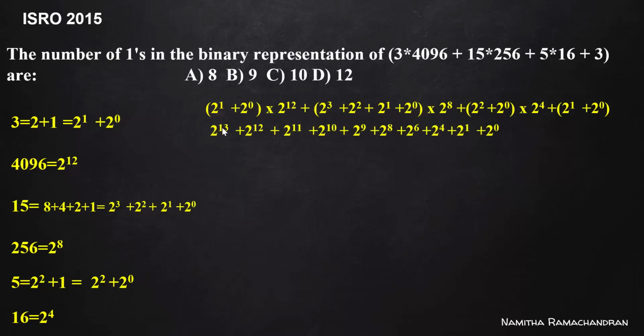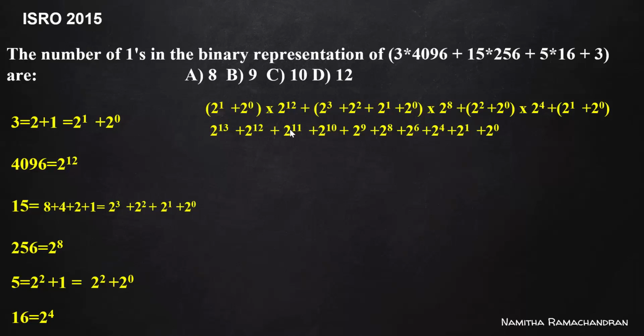Now we get 2 to the power 13 plus 2 to the power 12 plus, while multiplying this with all these terms present inside the bracket, we get 2 to the power 11 plus 2 to the power 10 plus 2 to the power 9 plus 2 to the power 8. Similarly, while multiplying this with these two terms present in this bracket, we get 2 to the power 6 plus 2 to the power 4 plus 2 to the power 1 plus 2 to the power 0.